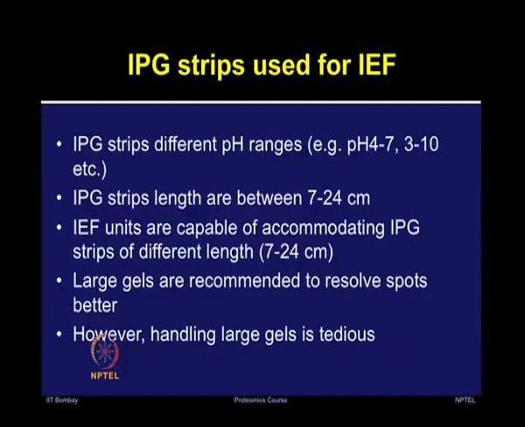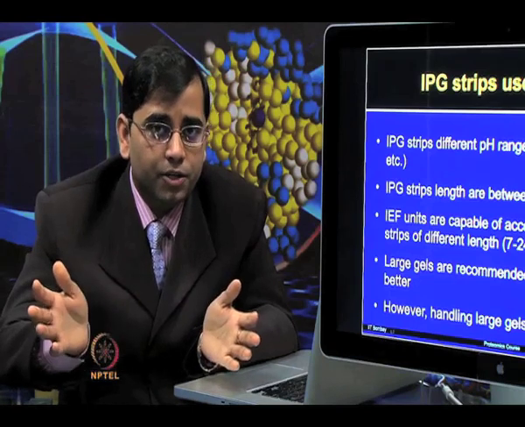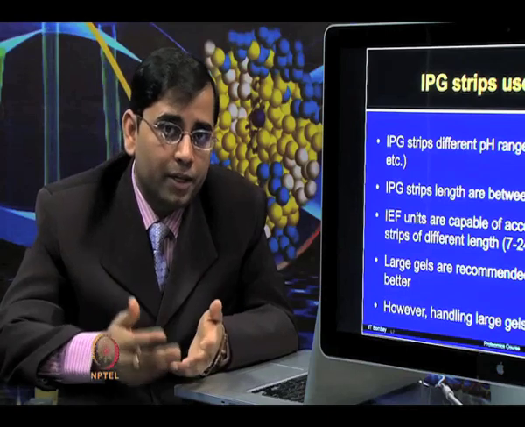Now, depending on how much protein you have in the sample mixture, it's always a good idea to resolve that on very large gels. For example, 18 or 24 should be a better choice.